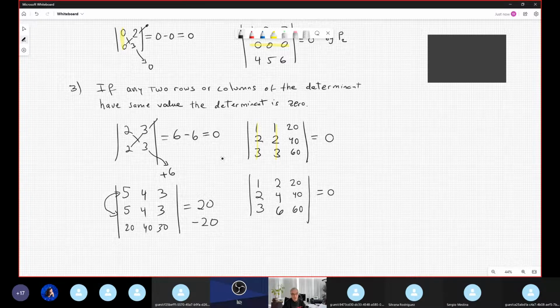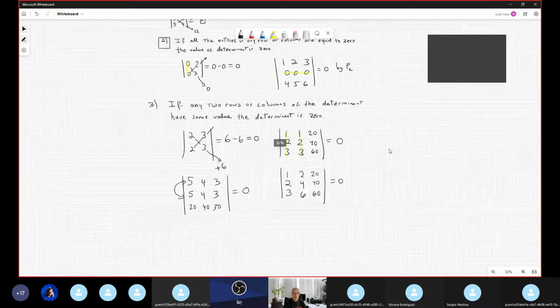Now, what is the only number that is equal to its positive and negative value? The only possibility is 0, because 0 has no sign. It makes no sense to talk about positive 0 and negative 0. 0 is 0. Clear? Do you follow me? Sergio, is it clear?